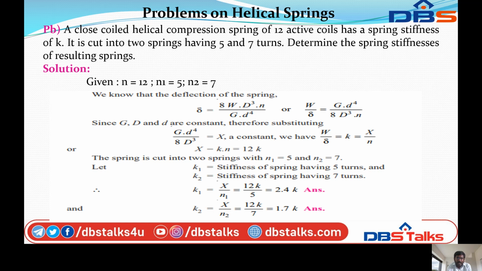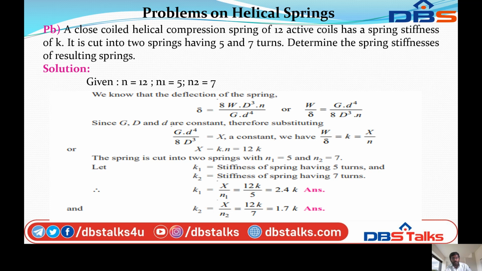N is 12, so X is equal to 12K. The spring is cut into two springs with N1 equal to 5 and N2 equal to 7. K1 is the stiffness of the spring having 5 turns and K2 is the stiffness of the spring having 7 turns.